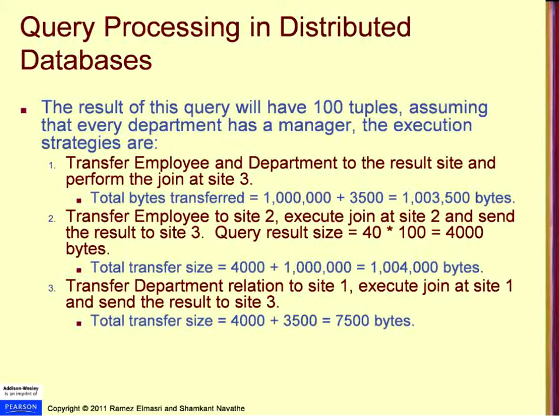So this will be 7500 bytes. So which strategy is the best from these? Yes, the third one, because the transfer is minimum in the third strategy.